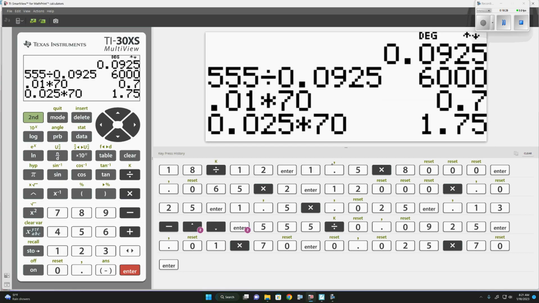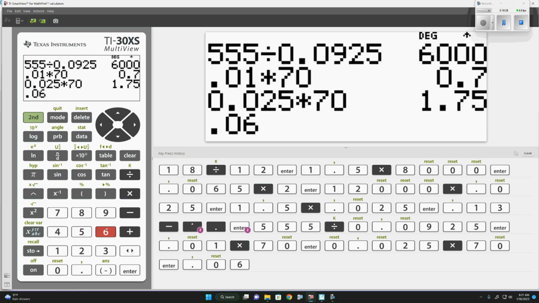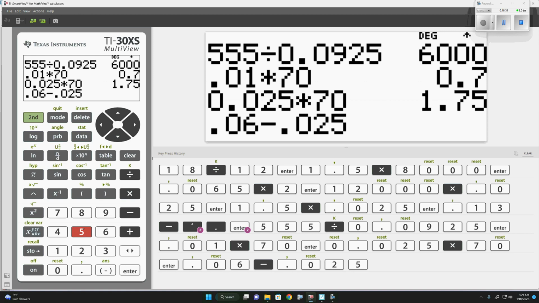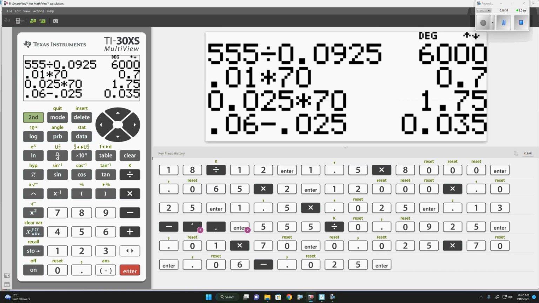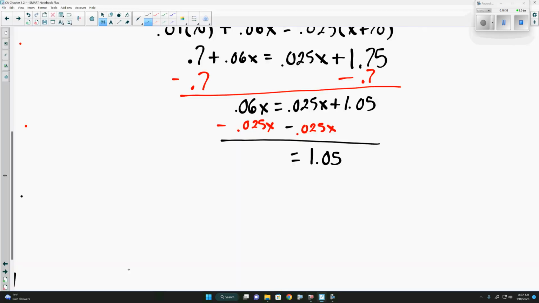On the other, 0.06 minus 0.025. Yep, which gives us 0.035. And last but not least, we need 0.035x.